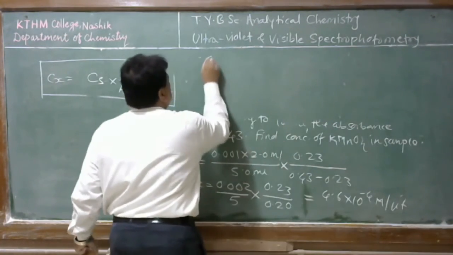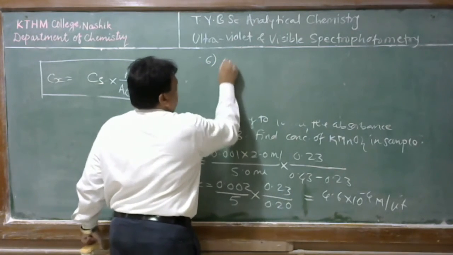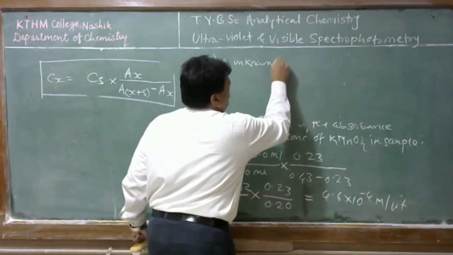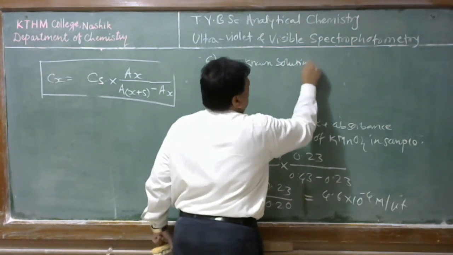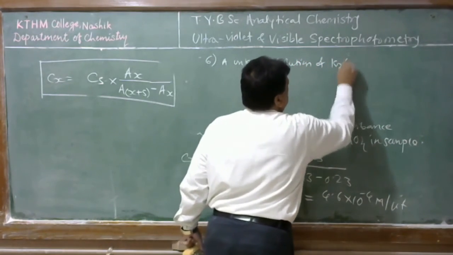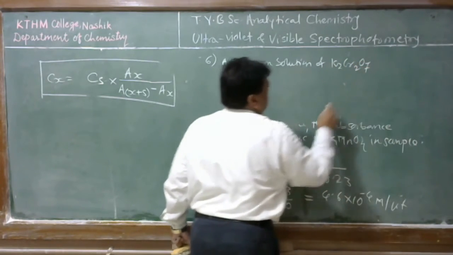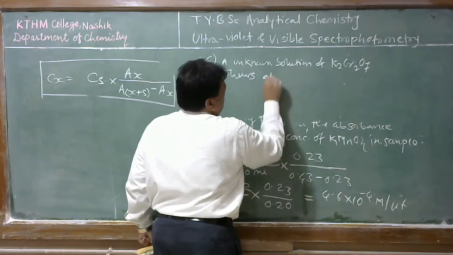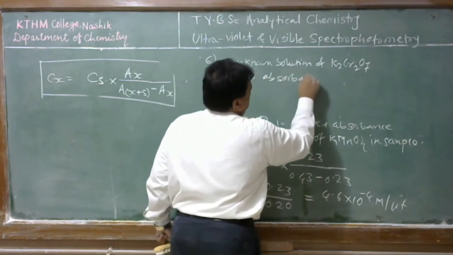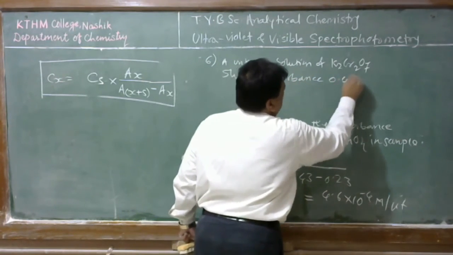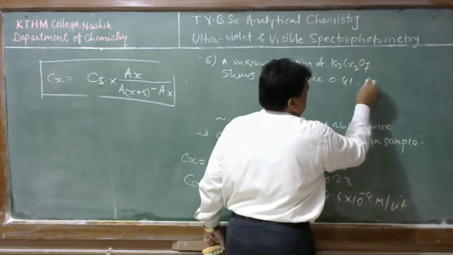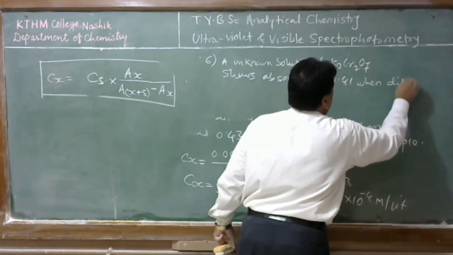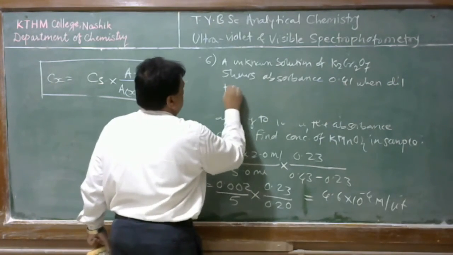The problem is like this. An unknown solution of K2Cr2O7 shows absorbance 0.41 when diluted to 100 ml.